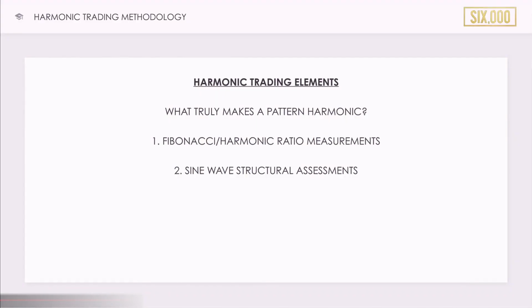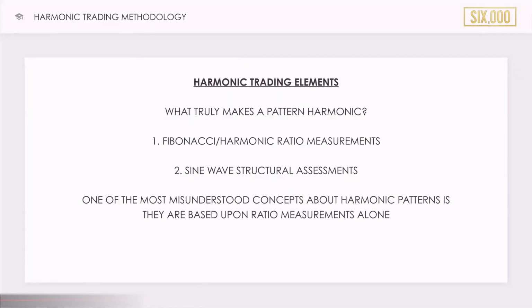And this will be broken down in the Method and the Madness Part 2, where I'll go over sine waves in the financial markets, cosine waves, and really the AB equals CD measurement that we use in harmonic trading. So, as I mentioned, it is one of the most misunderstood concepts about harmonic patterns. The misunderstanding that they are based upon ratio measurements alone.